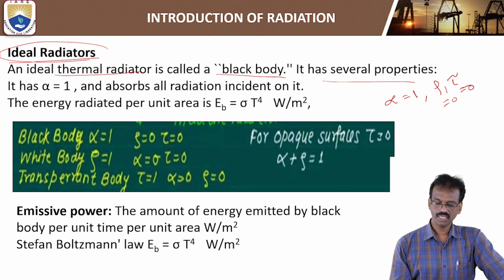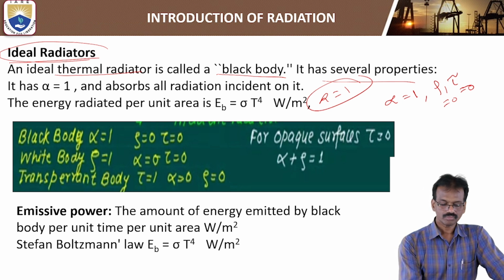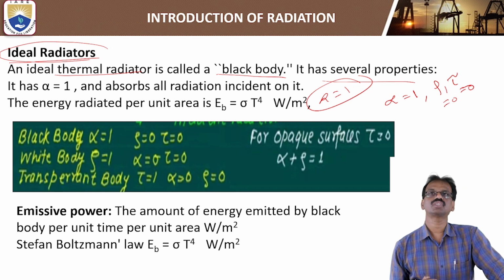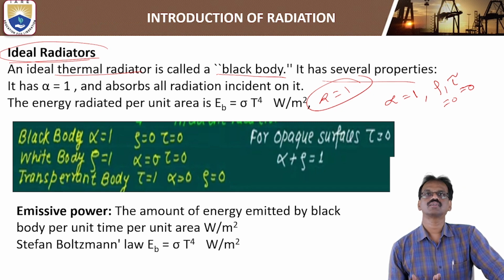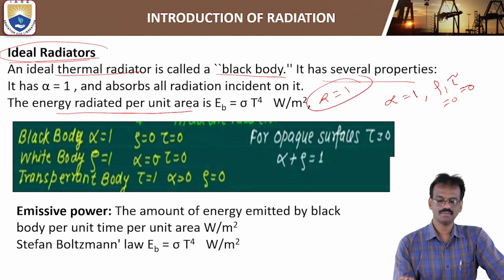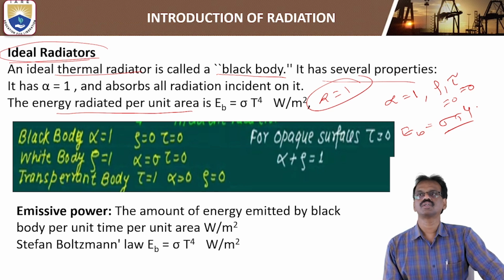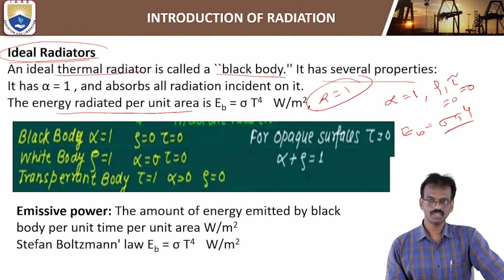So the condition for a black body is absorption equal to 1, perfectly absorbing the energy. For black bodies, the energy radiated per unit area is represented by EB is equal to sigma T to the power of 4, according to the Stefan-Boltzmann law.